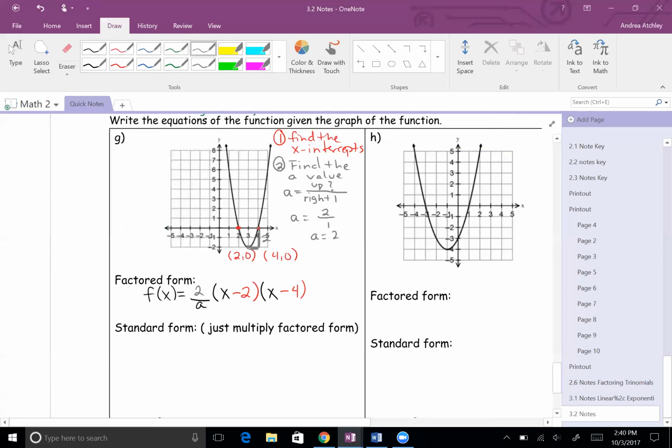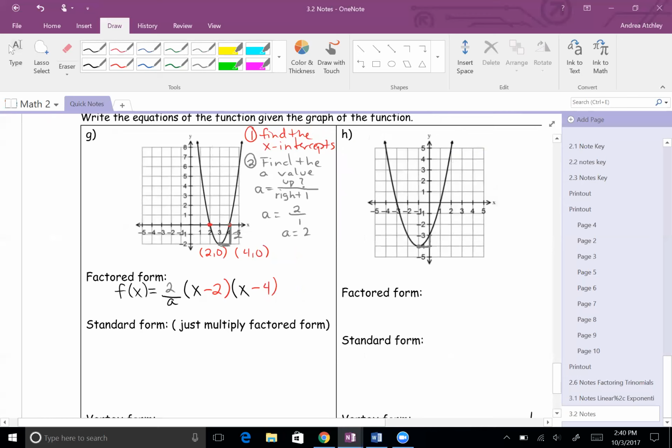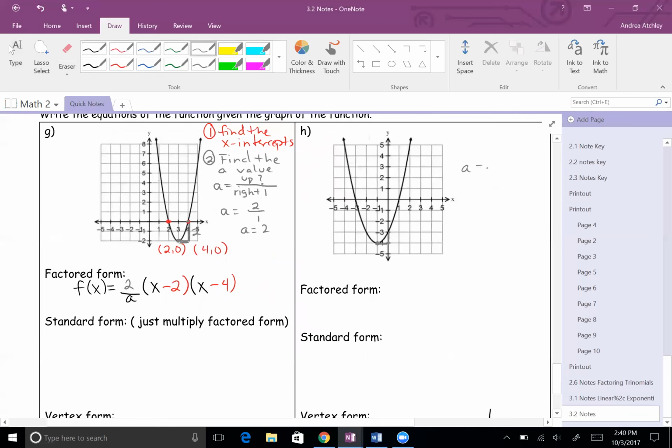Let's look over here. If I'm at my vertex, I move to the right 1. How far up did I have to move to get to that next point? 1. So it's always to the right 1 and up how many is what you're looking for.